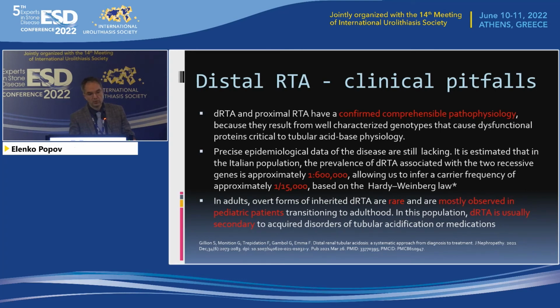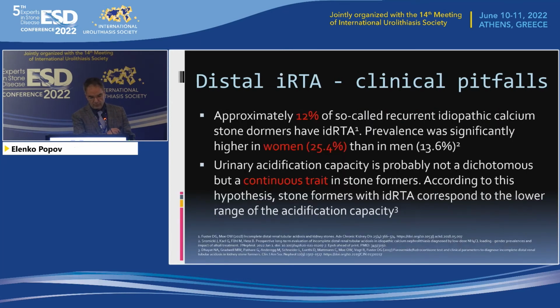It's about 1 in 600. So the urologists rarely see such patients. They have been diagnosed in adulthood or adolescence, and secondary distal renal tubular acidosis is also rare, and it's known because we know the primary disease.